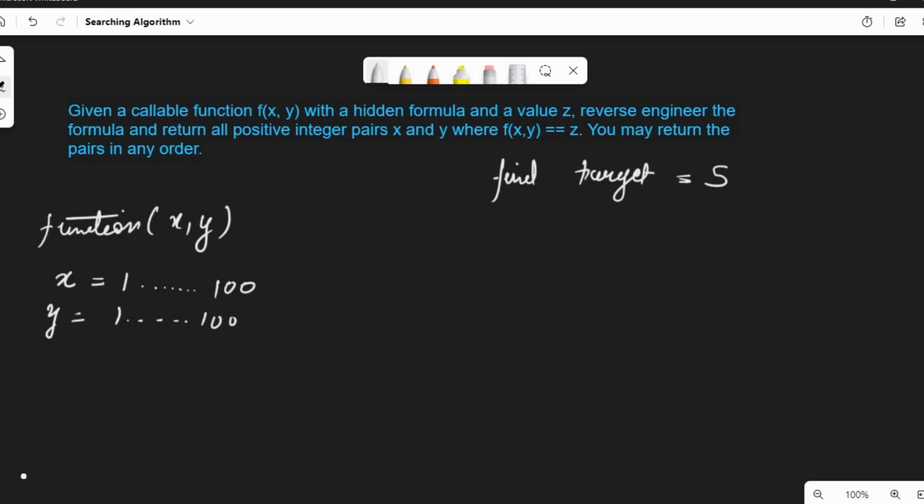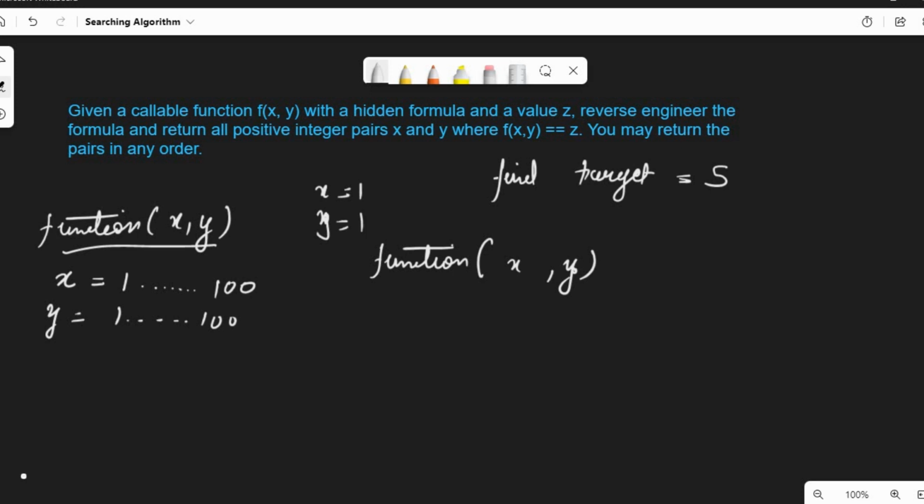What it's saying is that we call the function with x and y. So suppose first x is equal to 1 and y is equal to 1.